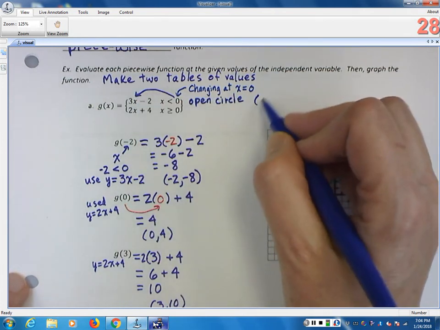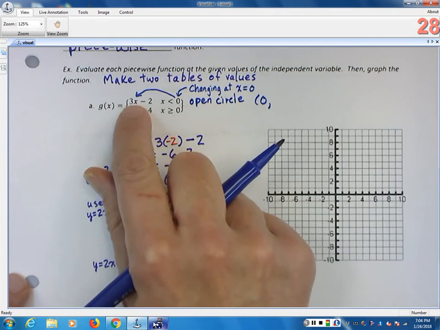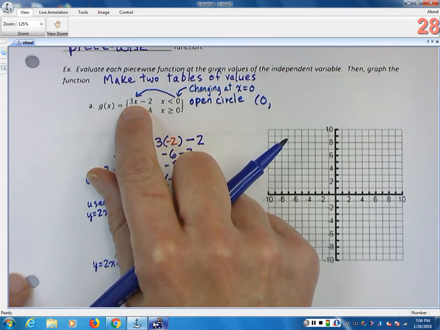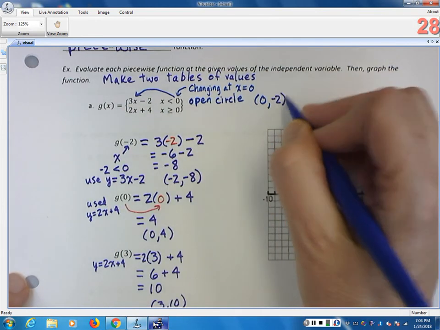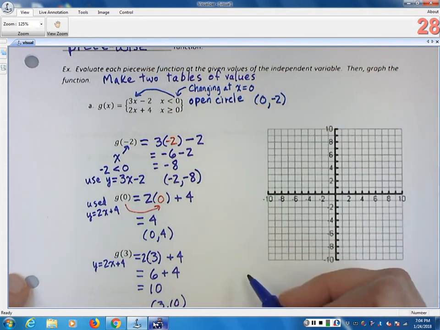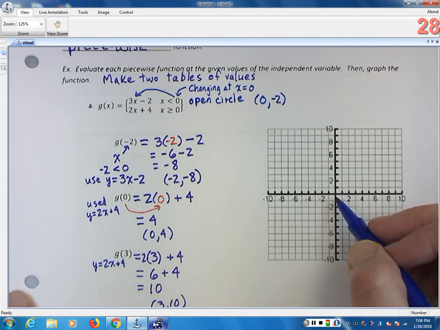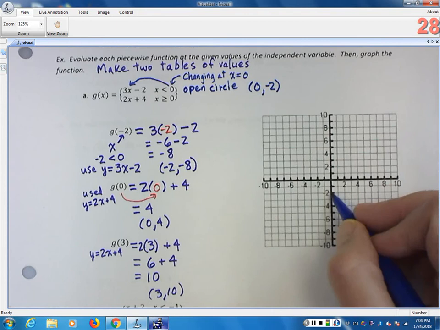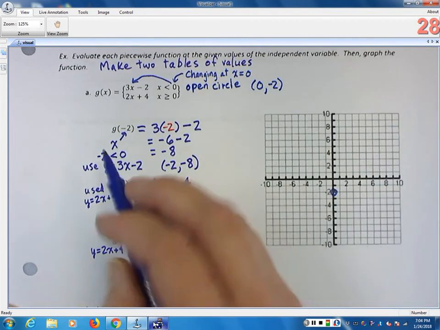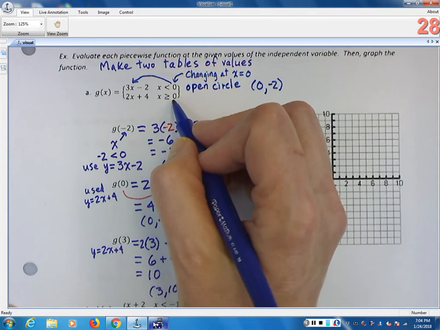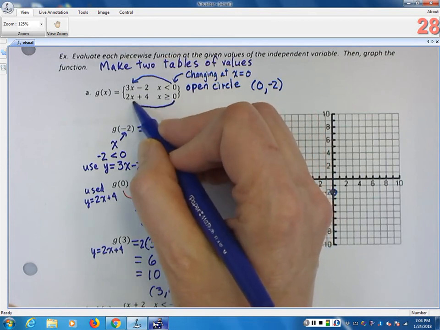If you put 0 in here, you get 3 times 0 is 0 minus 2, you get negative 2. This is your open circle. At 0, negative 2 is an open circle. Your closed circle is going to be where you put 0 in here.